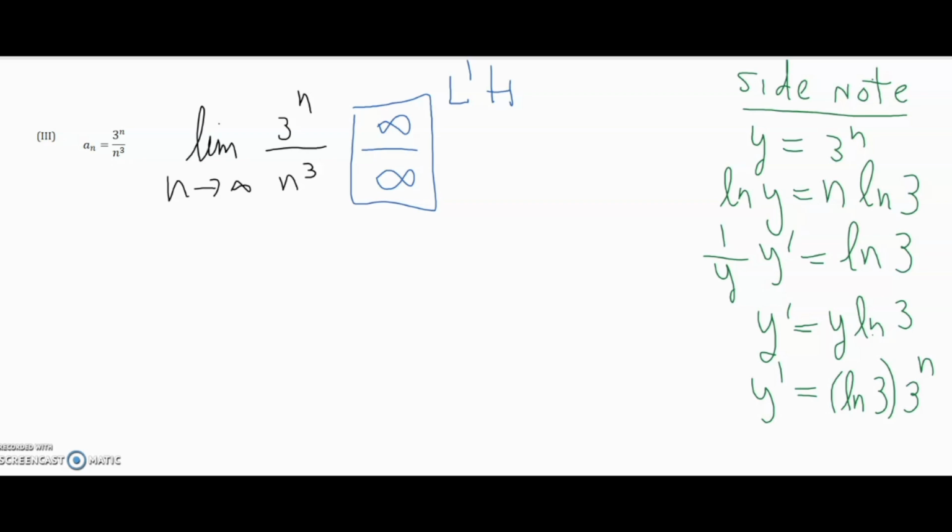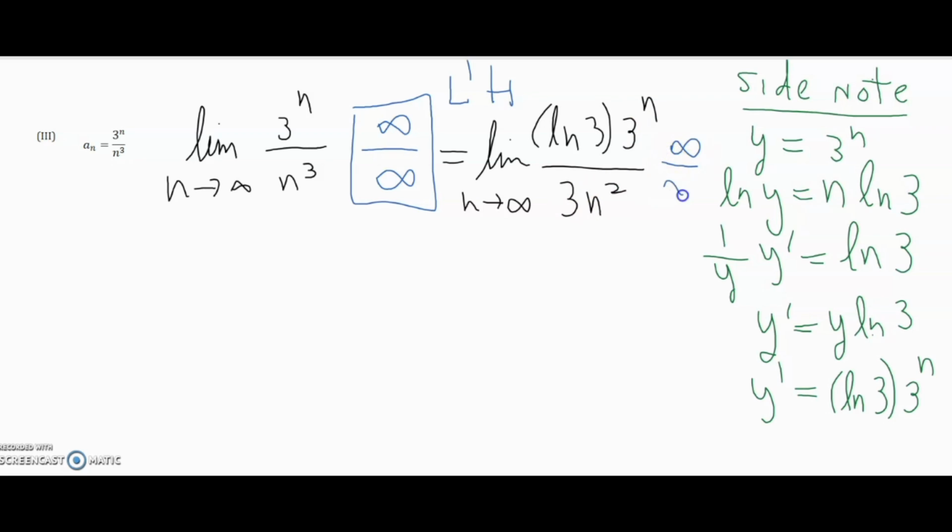All right, let's go back and try that. The limit as n goes to infinity of the natural log of 3 times 3 to the n power divided by the derivative of n cubed, which is 3n squared. Now, let's try it again. I see that I have, once again, another indeterminate form.